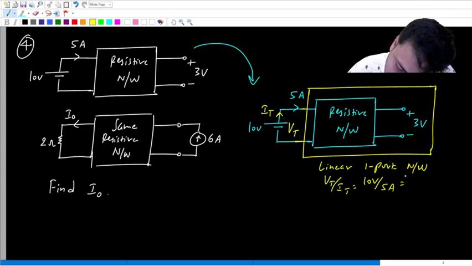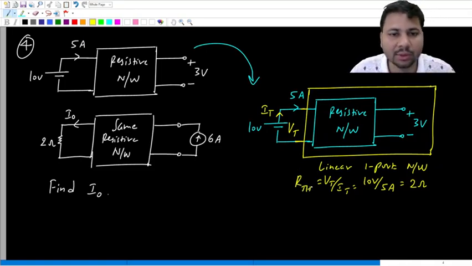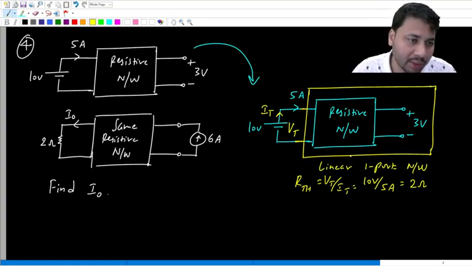So this 10 volts by 5 amps, which is 2 ohms, is nothing but the Thevenin resistance of the yellow color box.